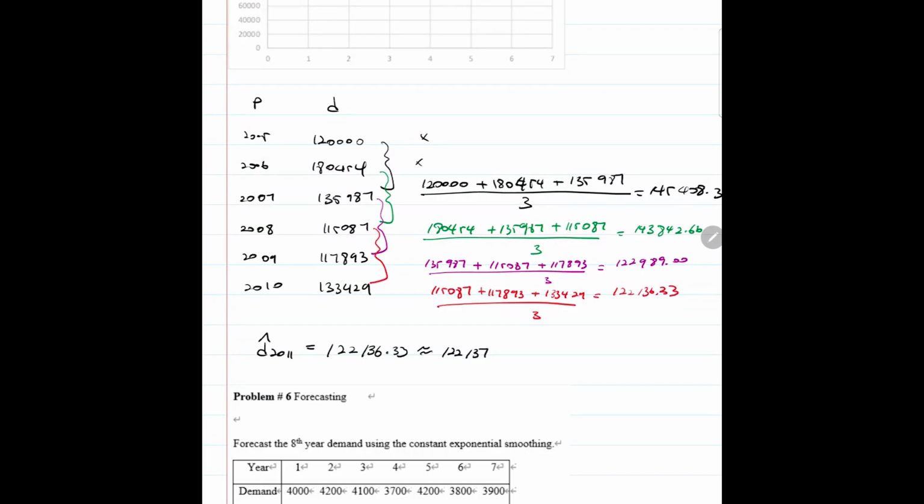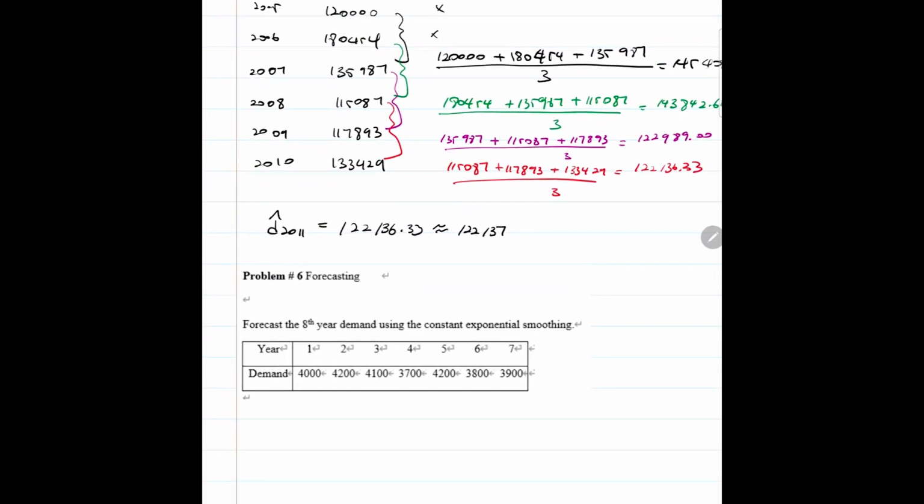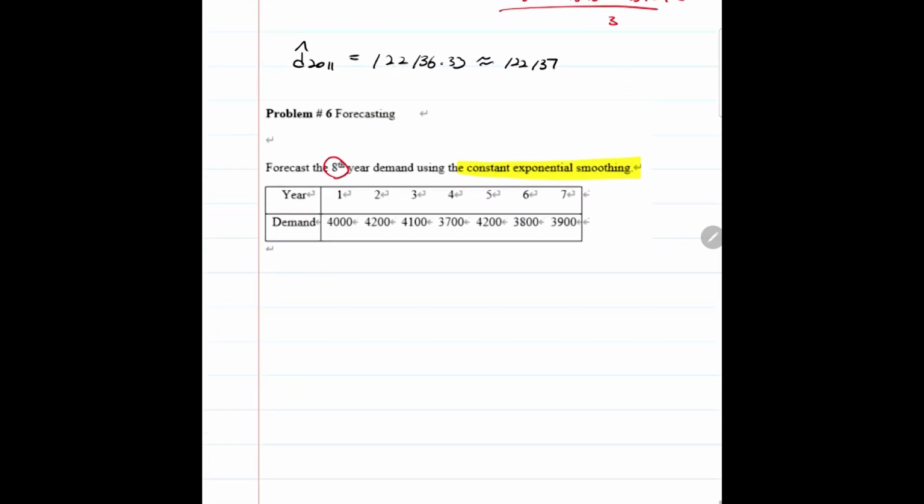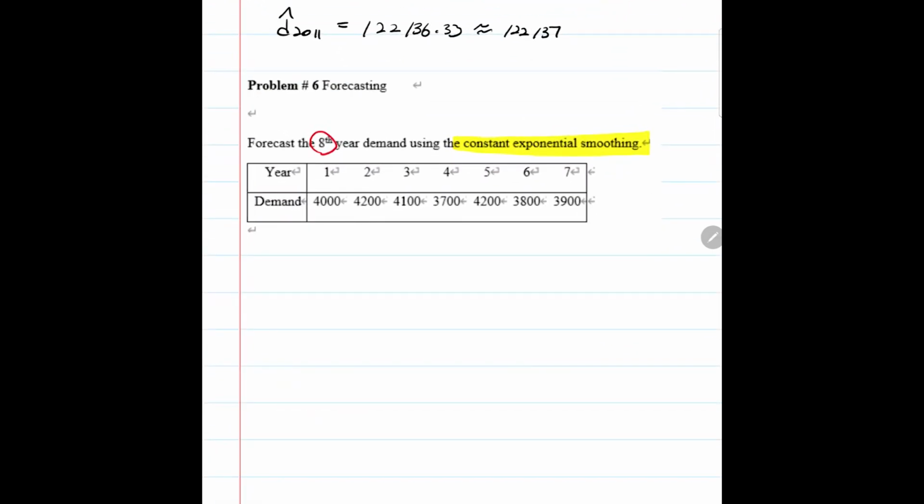Okay, let's move on to problem number 6. Your data is given and it kindly says use the constant exponential smoothing, and we want to know the demand on the 8th year. Let's make it pretty.